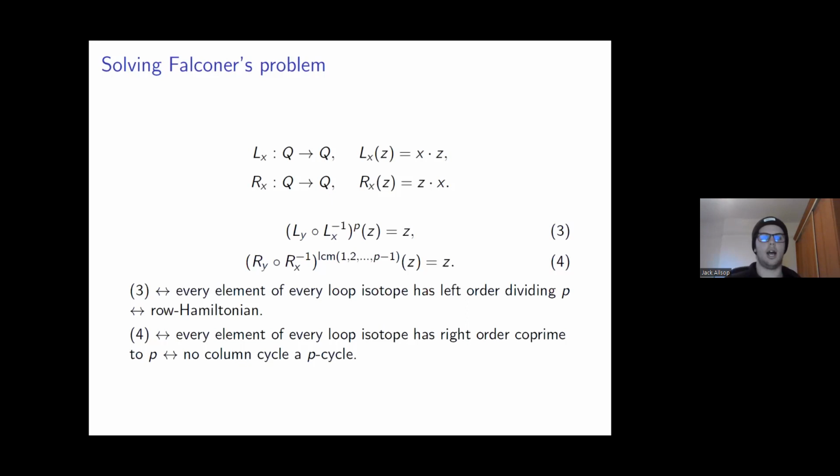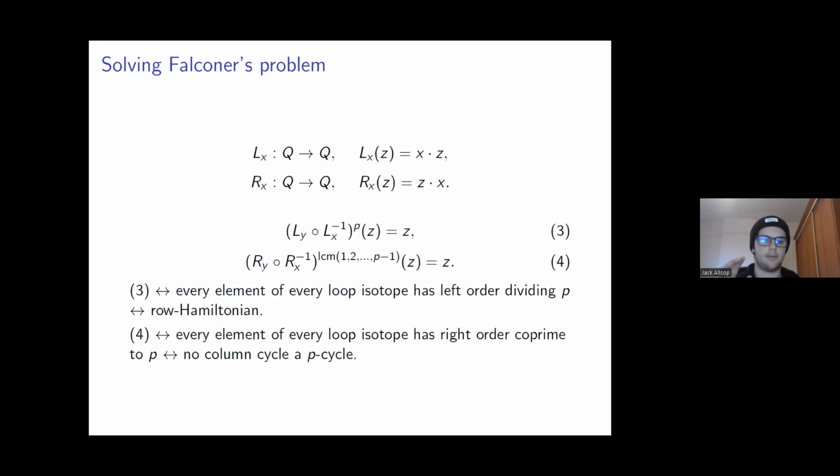So if a loop Q satisfies the first identity, that's equivalent to saying that every element of every loop isotope of Q has left order dividing P. And because of what we just mentioned, in the case where Q is a finite quasi-group, that's equivalent to saying that its multiplication table is Row-Hamiltonian.